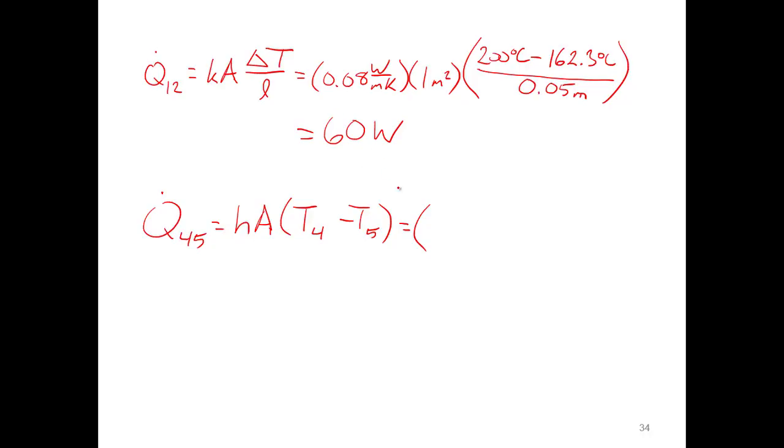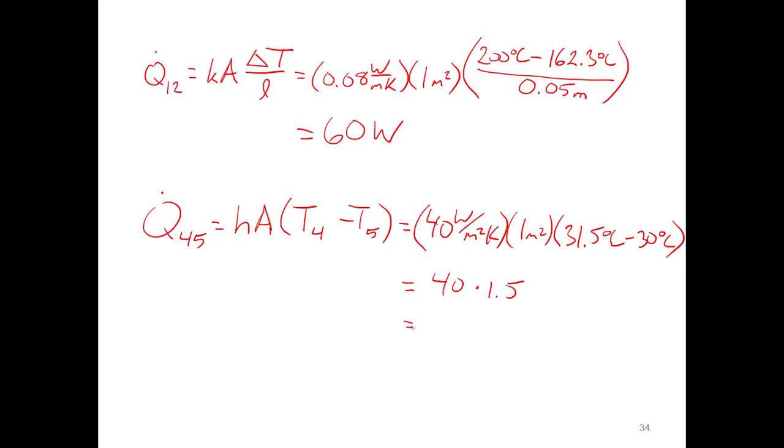Yeah, 40 watts per meter squared K. Area, again, is 1 meter squared. The temperature at node 4 was what we saw, 31.5 degrees C, minus the 30 degrees C fixed for the fluid temperature. So we have 40 times 31.5 minus 30, which is 1.5, and that gives us 60 watts.